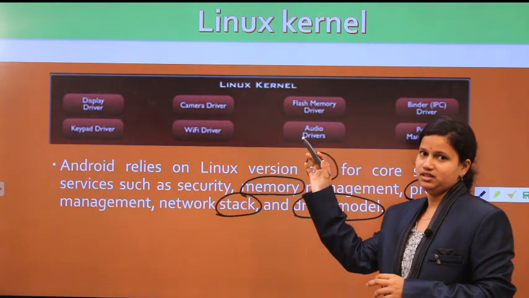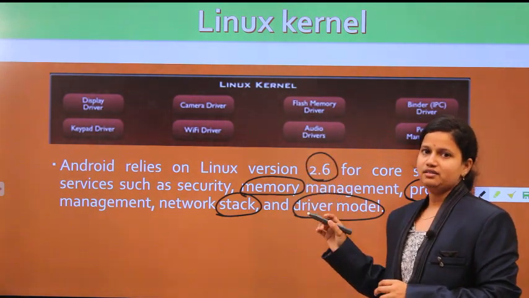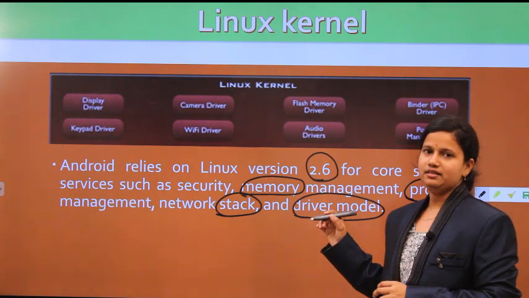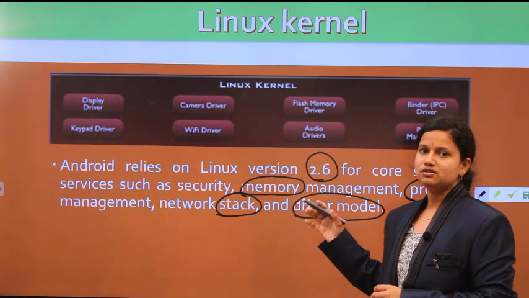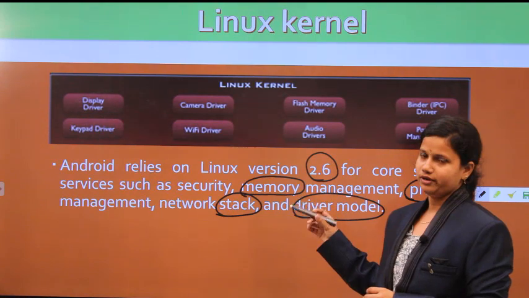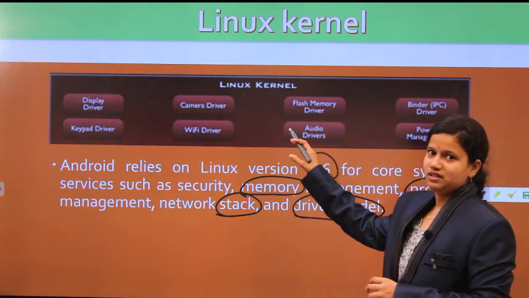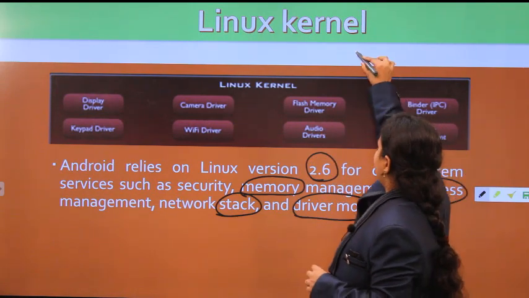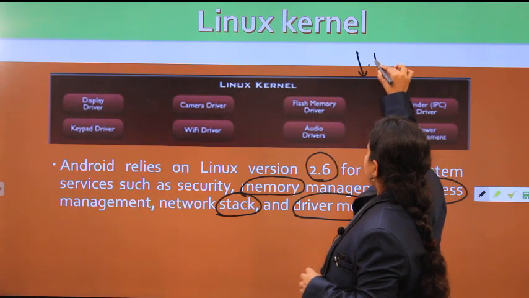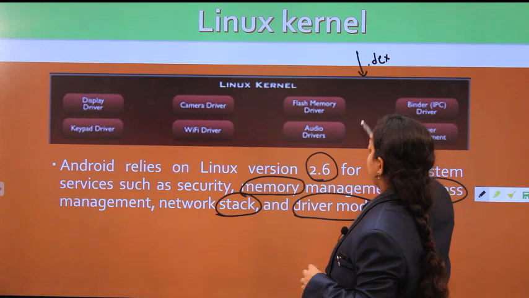The Linux kernel is nothing but software. It is the abstraction between the software and the hardware components. So when you are observing the Linux kernel, the input for this Linux kernel is a .dex file.